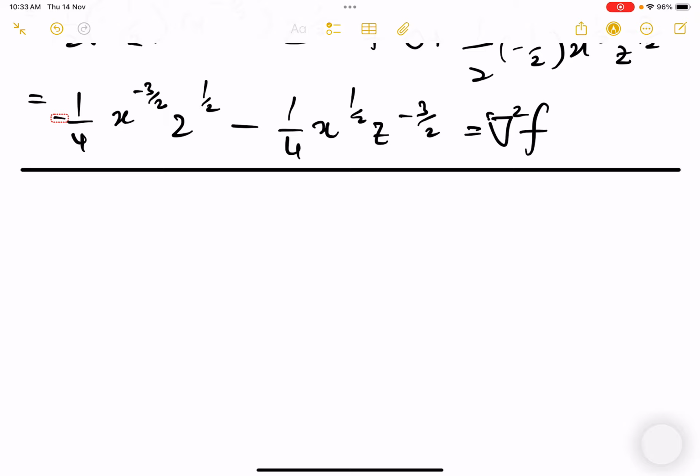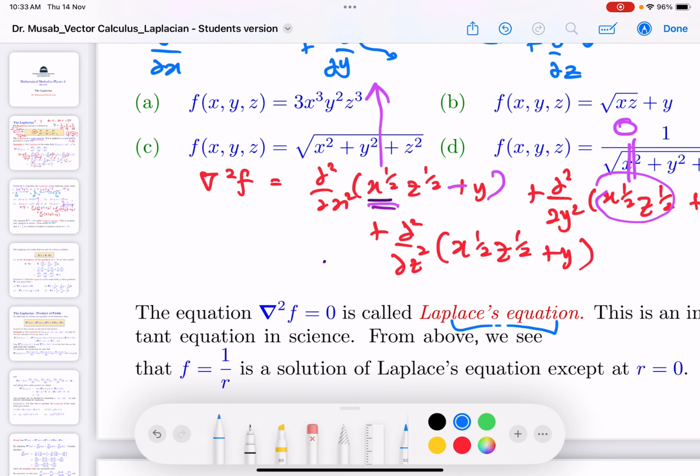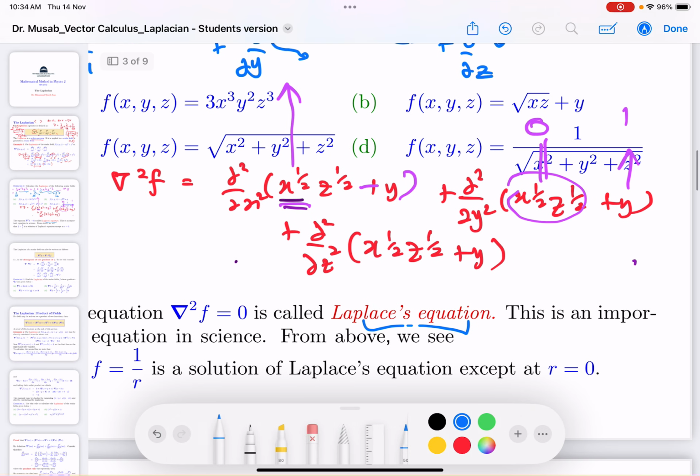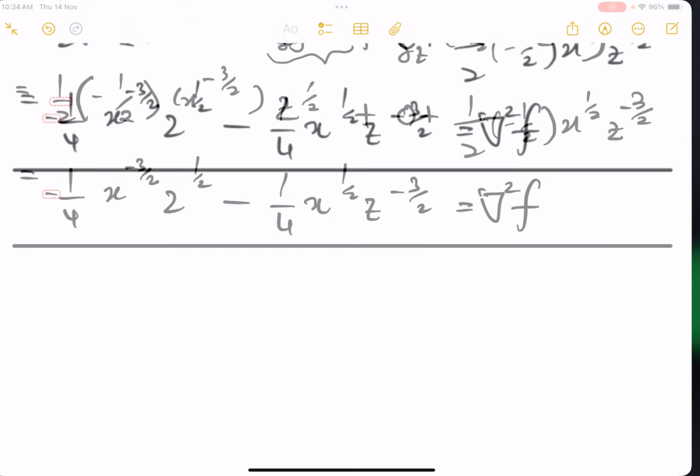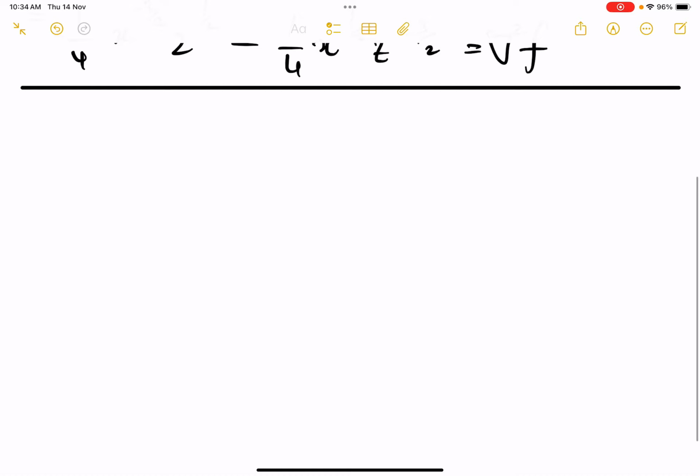The function itself is 1 over the square root of x squared plus y squared plus z squared.